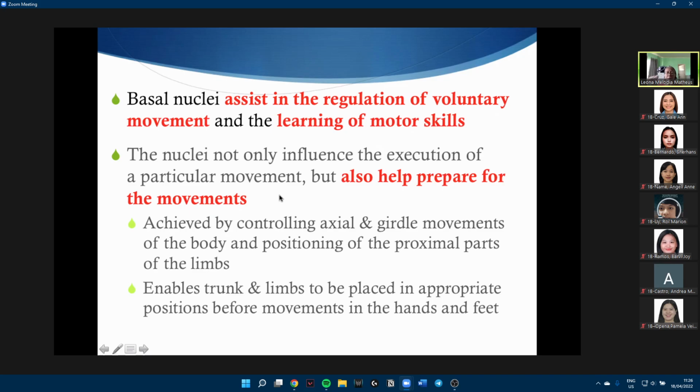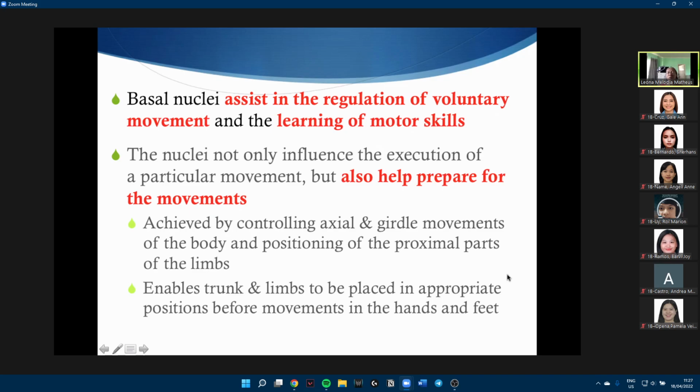Apparently, this is achieved by first controlling the axial and the girdle movements of the body, and later on positioning the proximal parts of the limbs. With that, if your proximal part of the limb is already positioned, we now enable the trunk and the limbs to be placed in appropriate positions before we can move the hands and the feet.